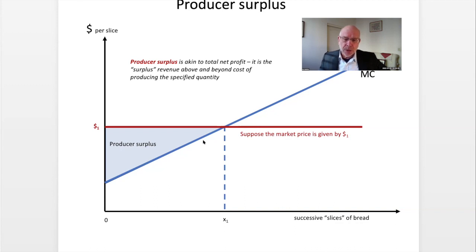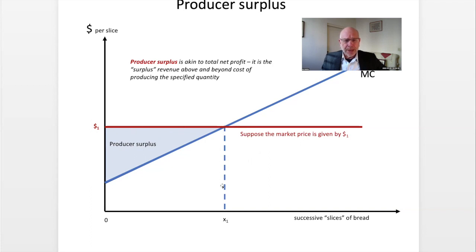So once the cost on the margin to the producer of bringing extra goods to market exceeds the price that they get, well, then they're going to stop. Why would I bring something to sell for $10 if it costs me $12 to produce? I just will stop once my marginal cost hits $10.